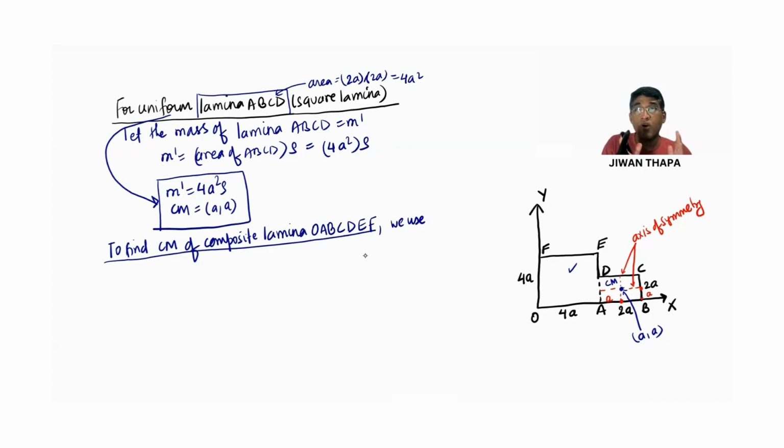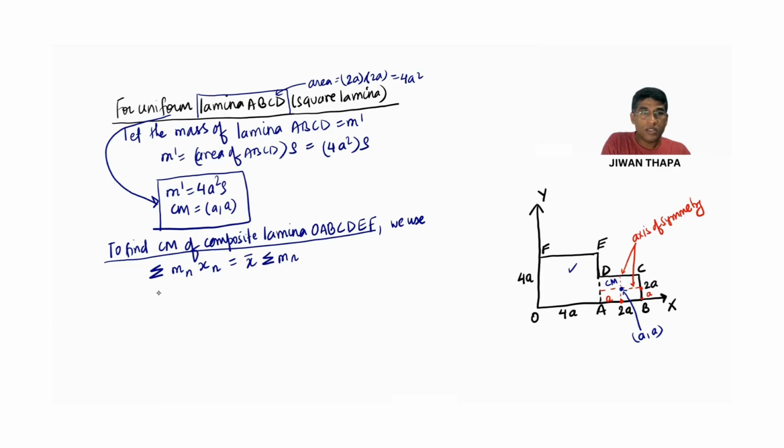We use the formula summation mn xn equals x bar, the x coordinate of center of mass of composite lamina, times summation mn. And we can see we have x and y axis.